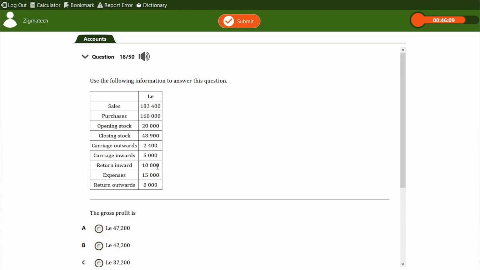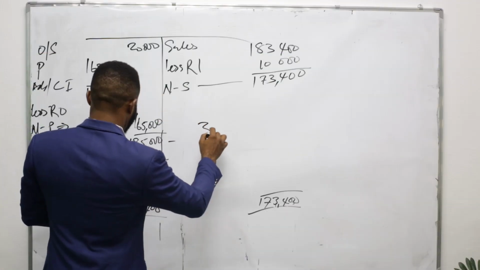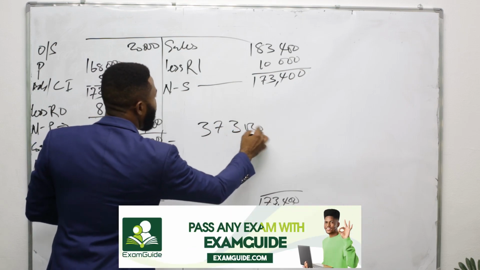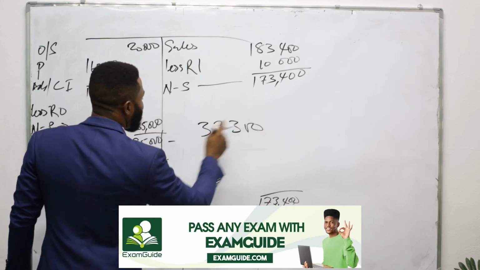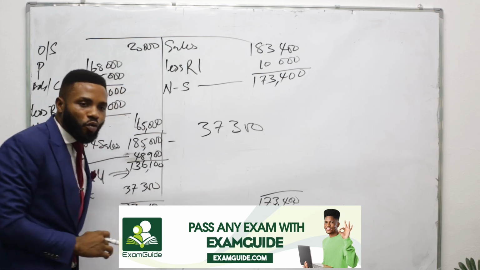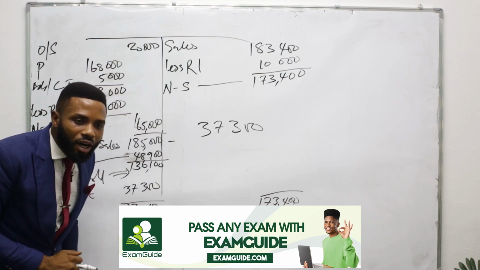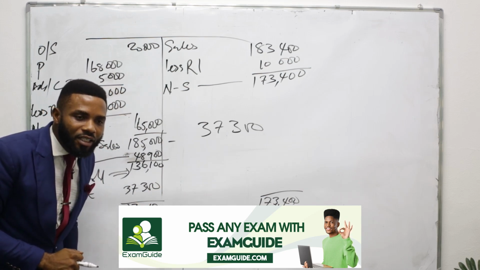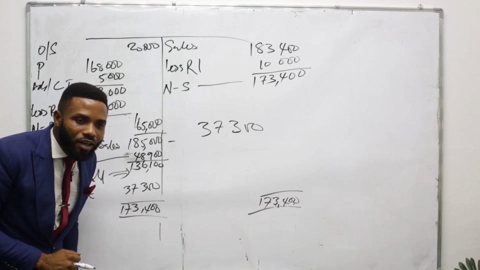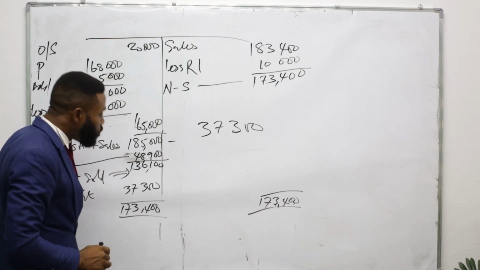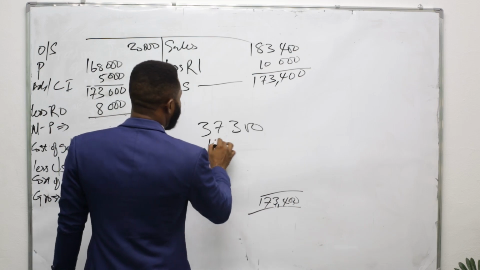Net profit is simply gross profit minus your expenses. So if we have 37,300 as our gross profit, and then in the question you are given 15,000 as expenses, you simply subtract 15,000 from this.